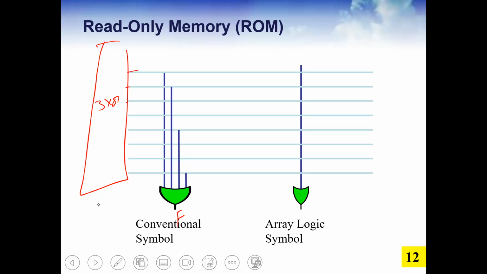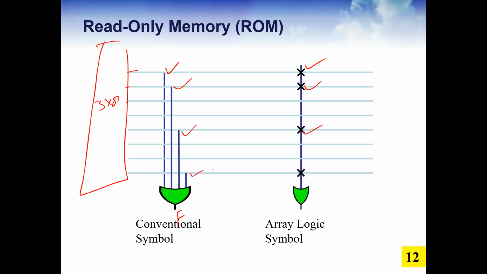We can see here a cross sign used to show that this input is connected with that one. So we don't need to show 4 lines. This way we reduce these 4 lines to only 1 by using array logic symbology.